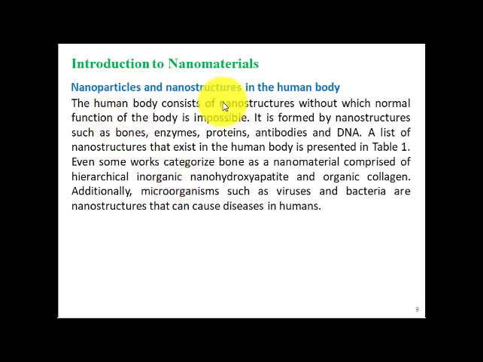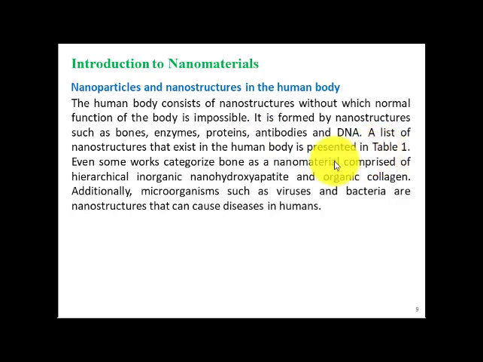Next is the nanoparticles and nanostructures in the human body. The human body consists of nanostructures without which normal function of the body is impossible. It is formed by nanostructures such as bones, enzymes, proteins, antibodies, and DNA. A list of nanostructures that exist in the human body is presented in a table.